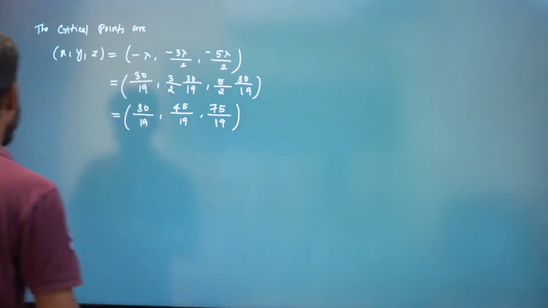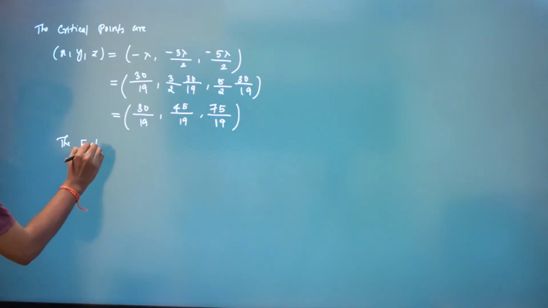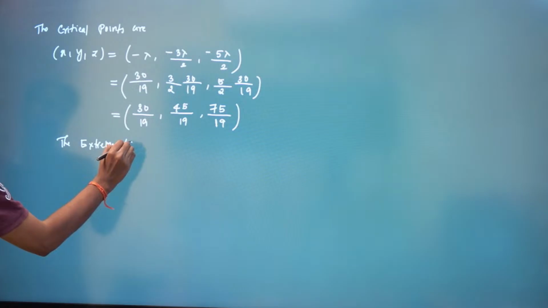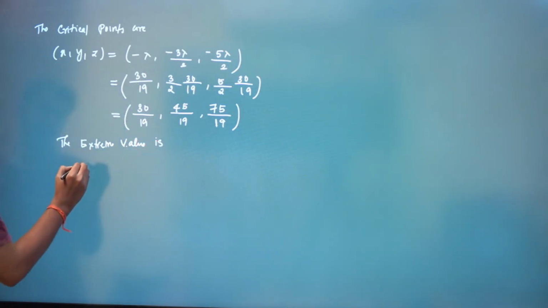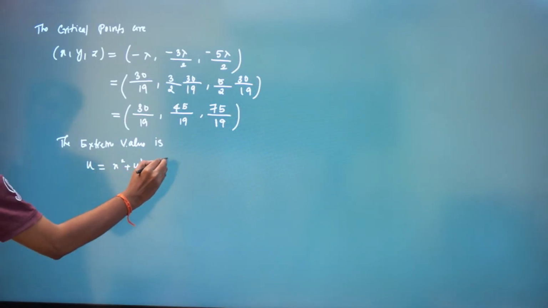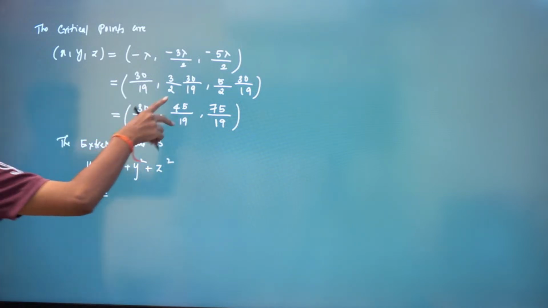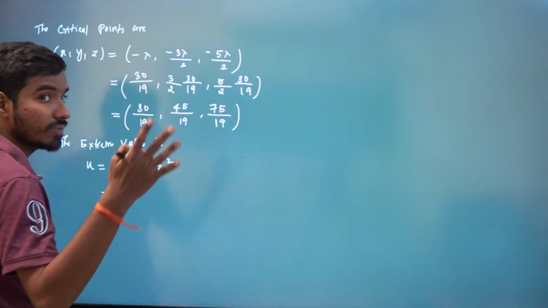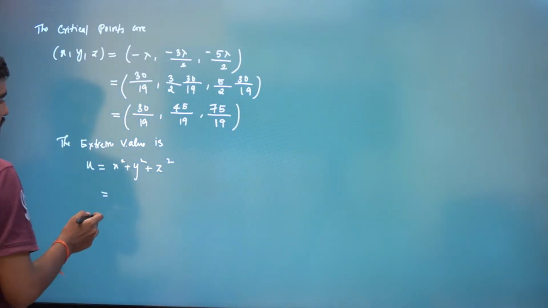So the extreme value is given by the function we need to maximize, u = x² + y² + z². When x, y, z takes this value, it will attain the extremum, but I don't know if it's maximum or minimum. So x², y², z². I think you can calculate this, right?